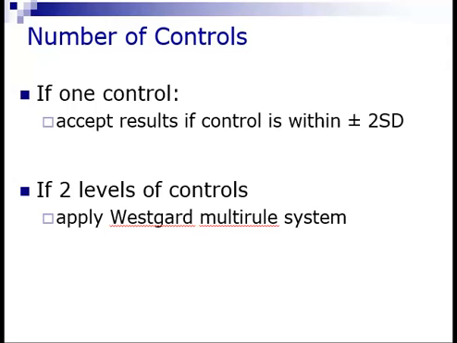Anong rule yon? If one control lang po yung ginagamit ng machine, for example, or ng laboratory method, ang kailangan nyo lang pong tandaan, the values of the control results are said to be, quote-unquote, in control.